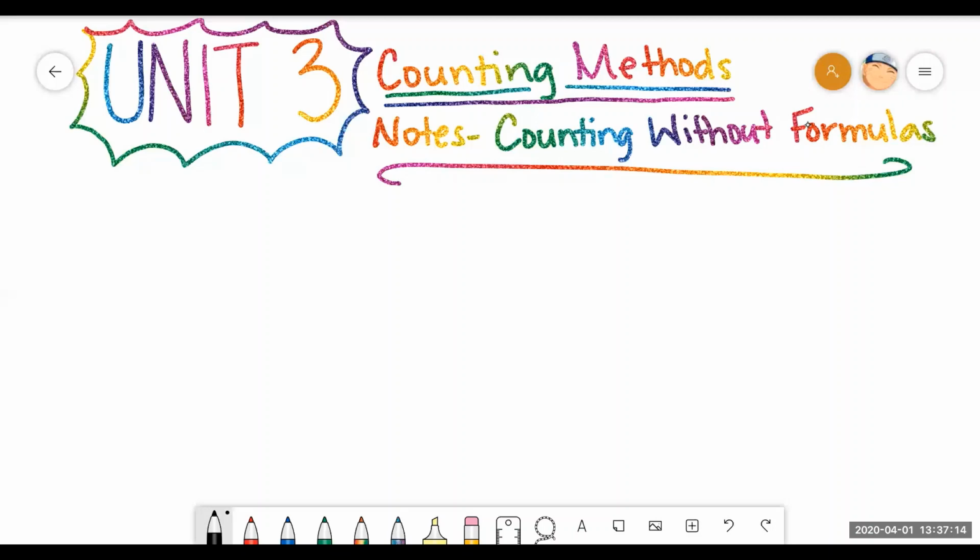Okay, so counting methods. As you saw in the slideshow, counting methods is pretty much a branch of mathematics called combinatorics. It's a branch of math where we focus on these strategies and these different combinations that we'll see as we move throughout this unit. When starting, it's important to understand that order didn't matter in this situation.